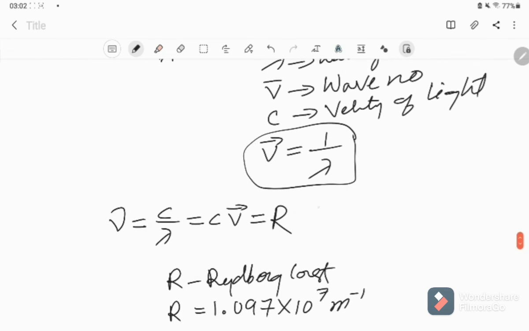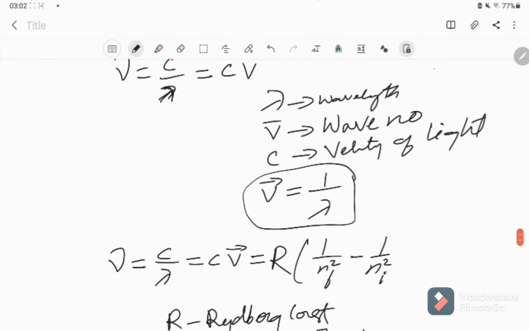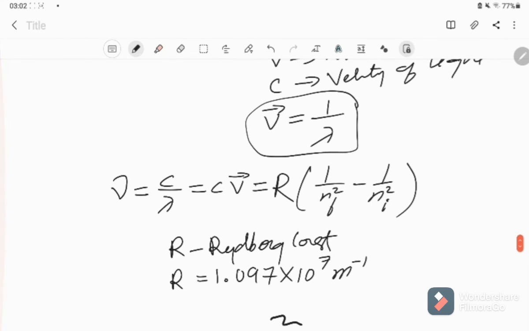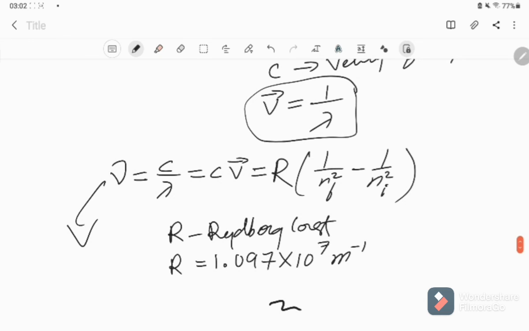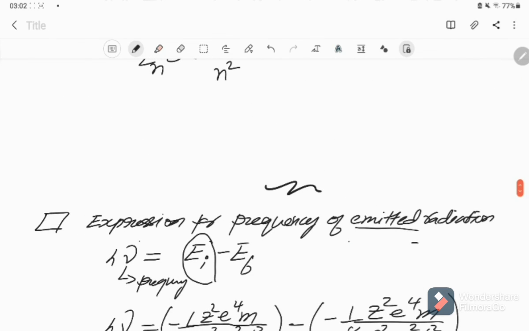So the frequency is R into 1 by n_final squared minus 1 by n_initial squared. This is the frequency of emitted radiation.